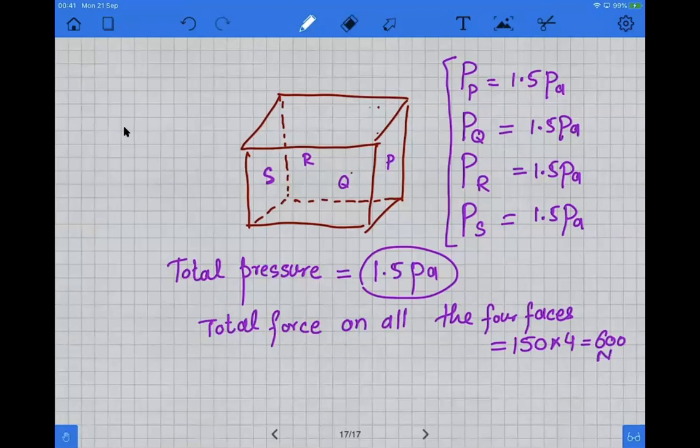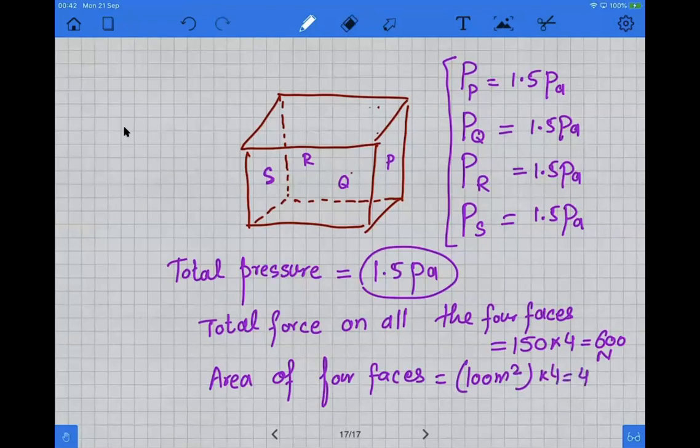And at the same time, area of the given four faces will also become 100 meters square into 4, it is 400 meters square. Basically, when you increase the number of sides, the force and area will increase in same ratio and the pressure will not be affected. So even if you calculate total pressure on the side faces, you will get the same answer: 600 Newton will be the total force and the total area will be 400 meters square. So it will become 1.5 Pascal.